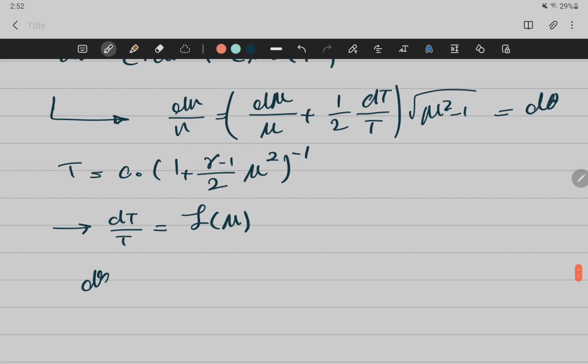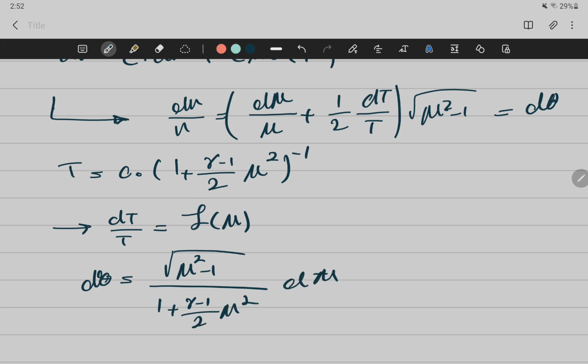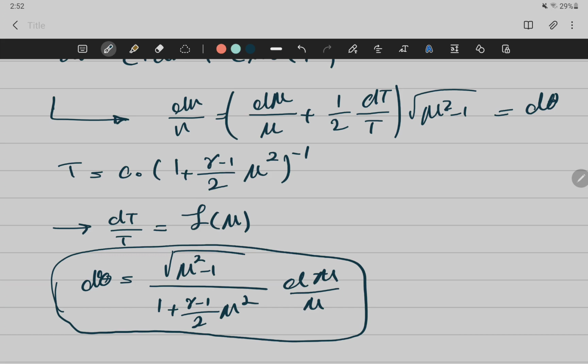Eventually, this is what you're going to get: d theta is going to be equal to square root of M squared minus 1 divided by 1 plus gamma minus 1 over 2 M squared, times dM over M. So if you know the turning angle of that one Mach wave, that's d theta, you should be able to find the incremental change in the Mach number after that one Mach wave using this equation. Is it clear?